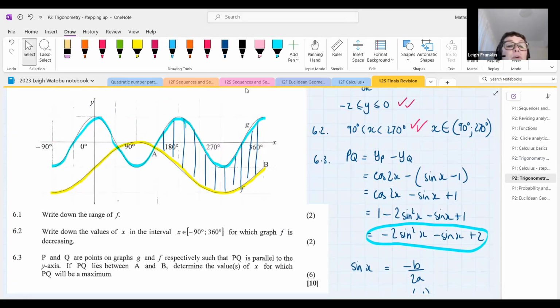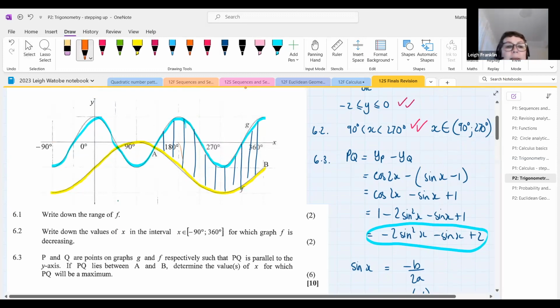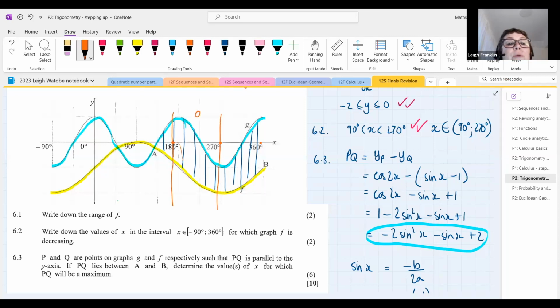Okay, so in other words, here's 180, there's 270, there's 360. So the maximum either has to be here in quadrant 3 or it has to be here in quadrant 4.